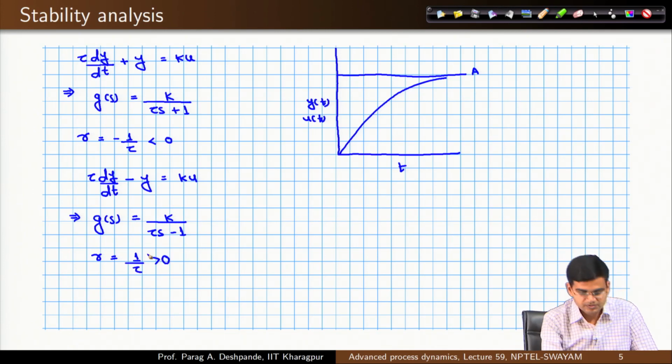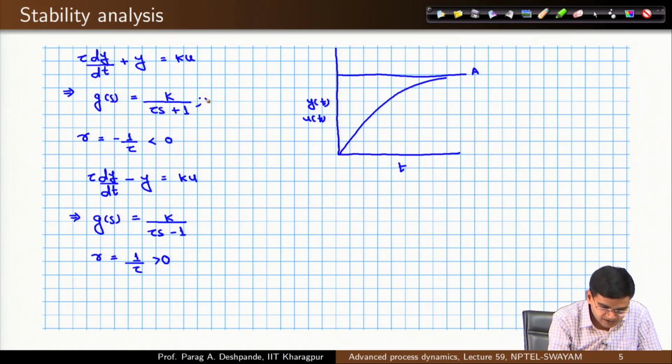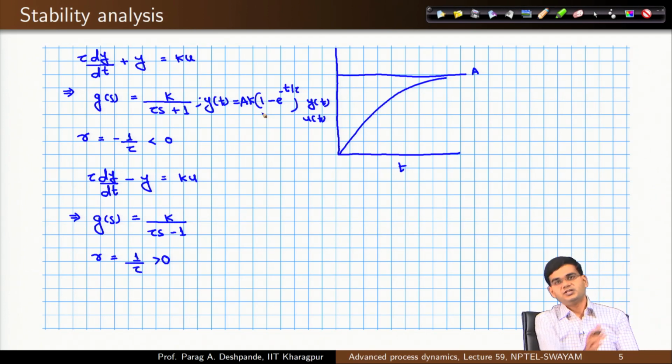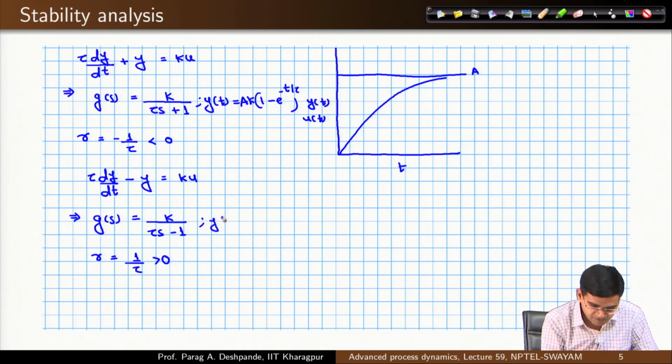Right. So, we had y of t is equal to a k times 1 minus e to the power minus t by tau as the solution. If you follow the exact same procedure here, you will find that y of t would now become a k times minus 1 plus e to the power t by tau.